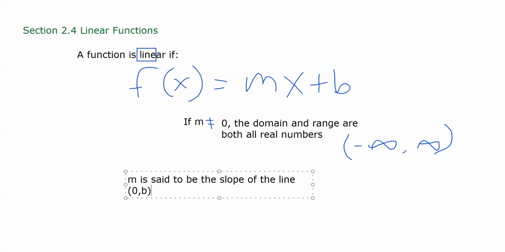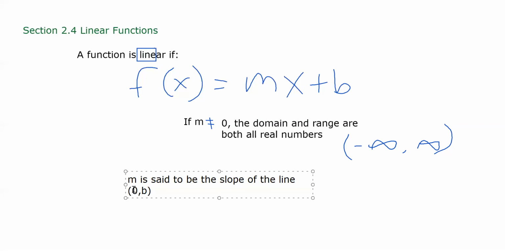Now, here is the million-dollar question. People always want to say, it's so tempting to say, b is the y-intercept. b over here, that's the meat and potatoes of the y-intercept. But the y-intercept has to be an entire coordinate.